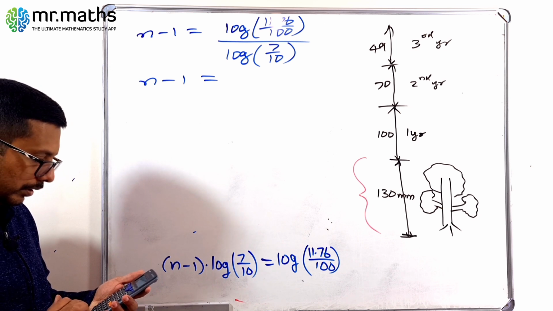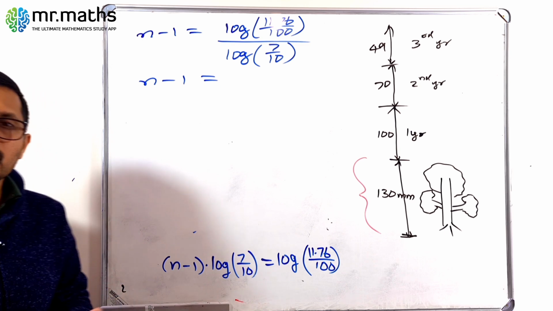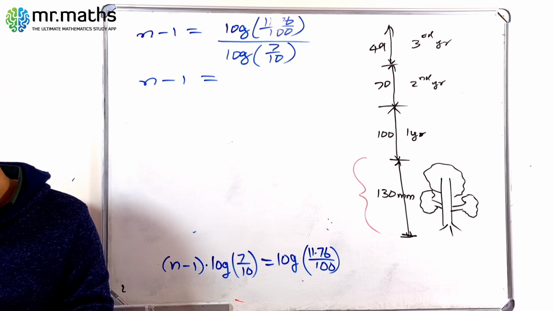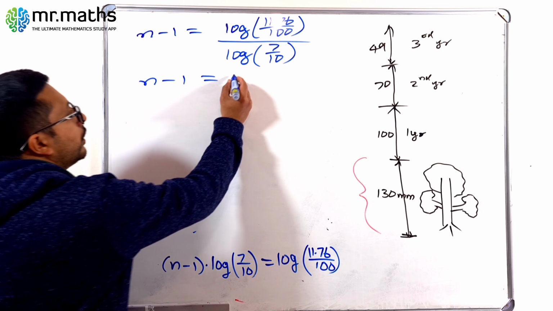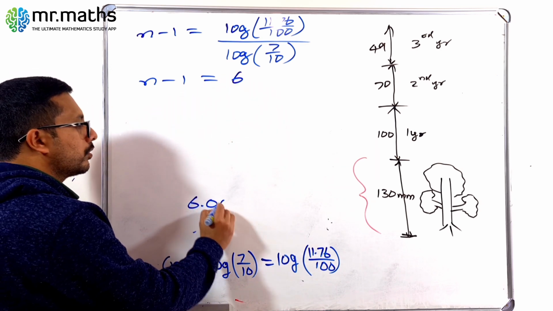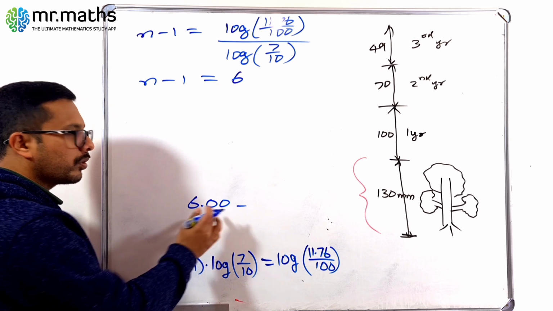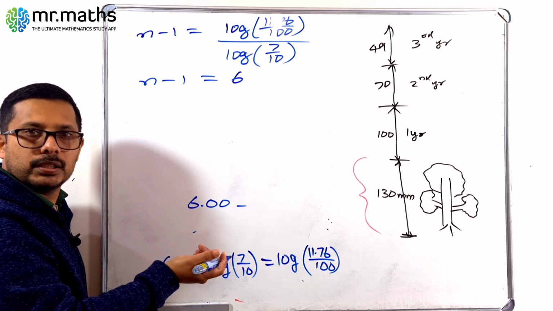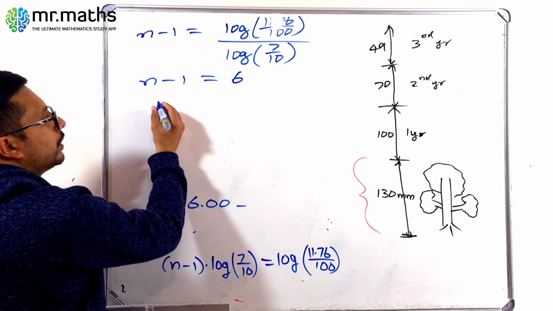So it is 6.00. In your calculator you can see 6.00 some number, which means it's approximately 6. So n minus 1 is equal to 6.